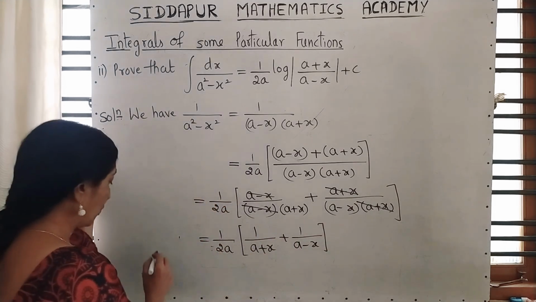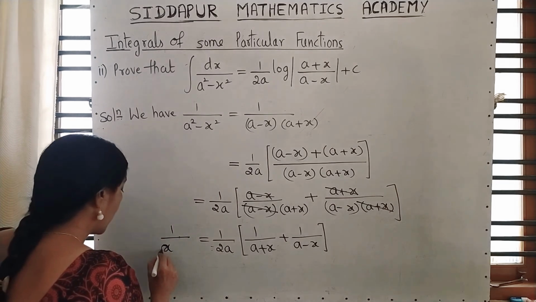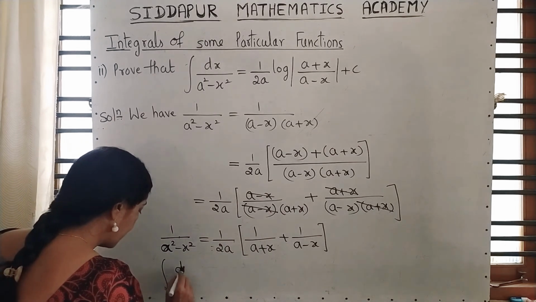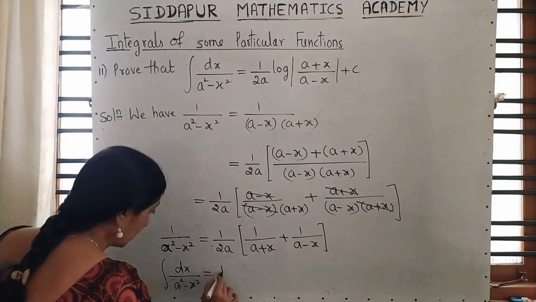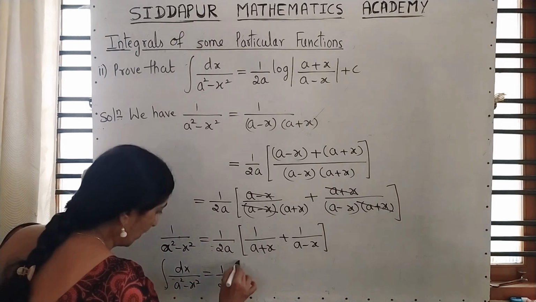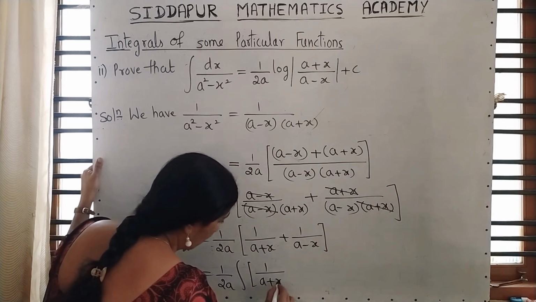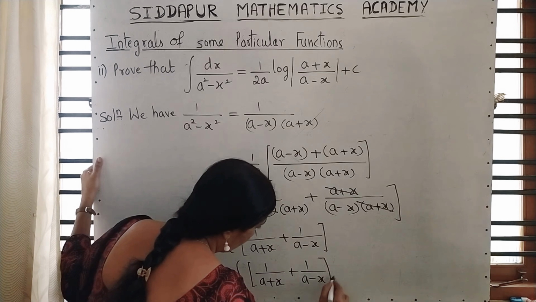Now integrate on both the sides. Here it is 1 upon a square minus x square, integrate with respect to x. dx upon a square minus x square is equal to 1 upon 2a, 1 upon a plus x plus 1 upon a minus x into dx.